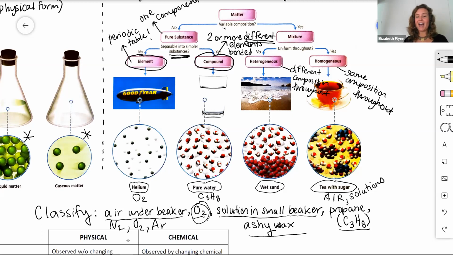And what about the ashy wax? What about when you burn a candle and you see the black, sooty ash getting mixed within the liquid wax?